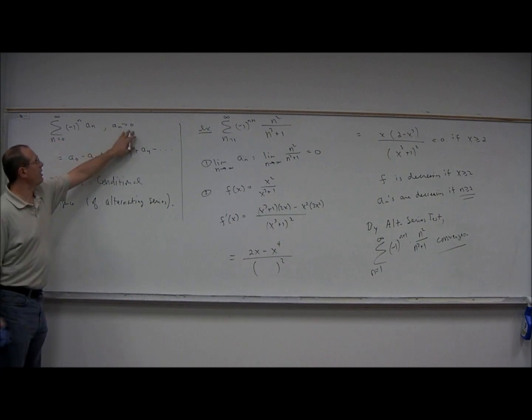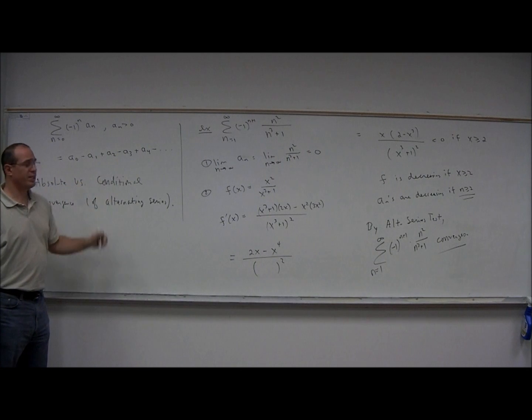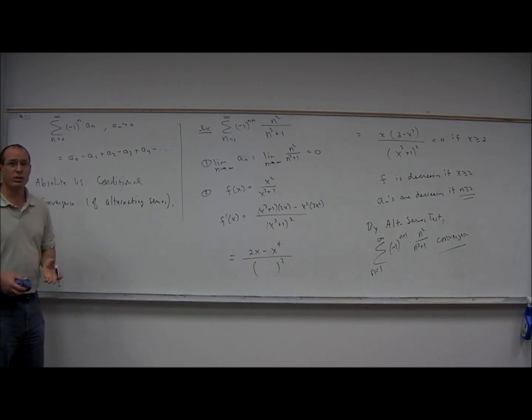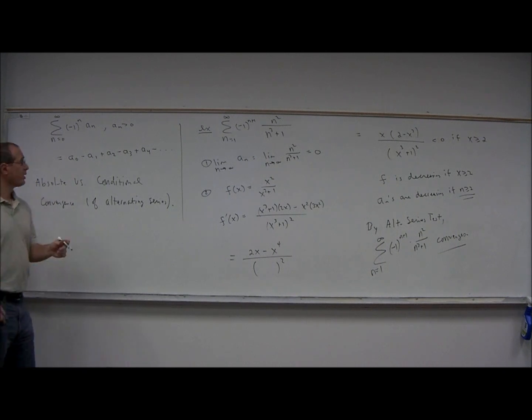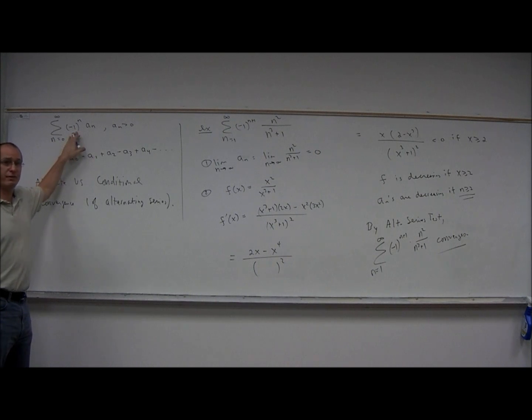And the a_n are all positive, so we have a_0 minus a_1 plus a_2 minus a_3, etc. The plus-minus effect is actually going to make it easier for the series to converge. It helps the convergence. So the question in absolute versus conditional convergence is, if we remove the plus-minus effect, does the resulting series still converge?